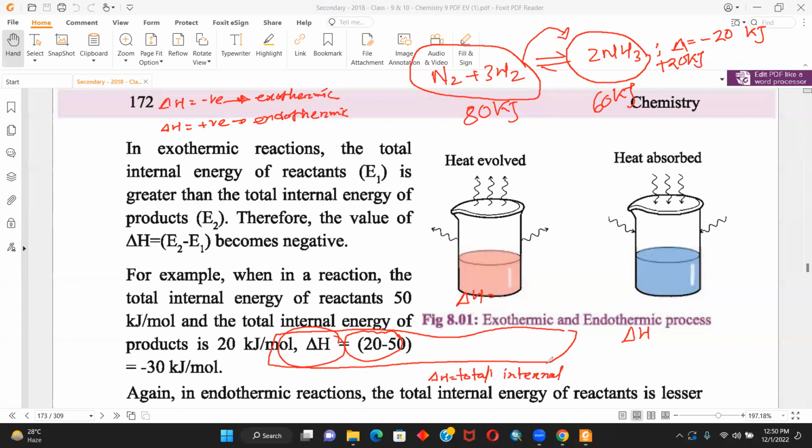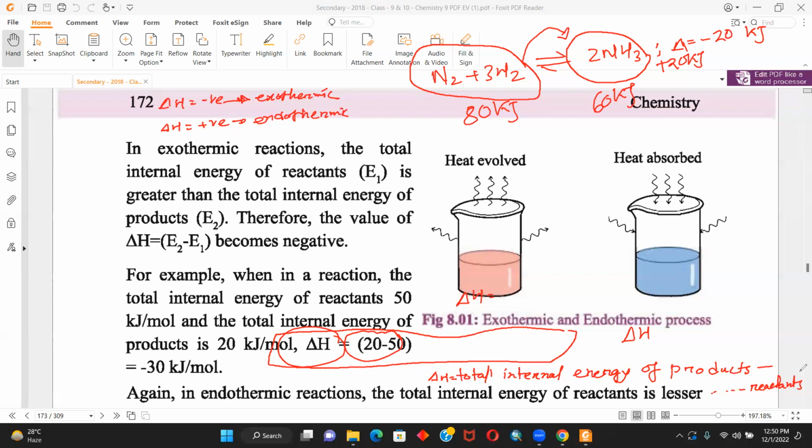Sometimes I honestly get confused between these two, that is why I checked it up.